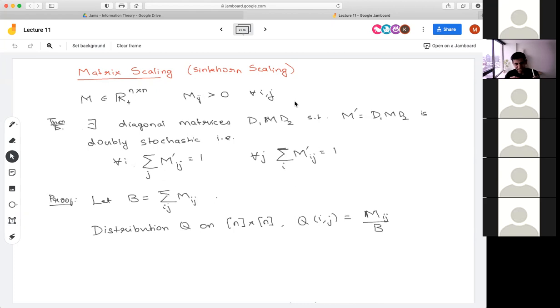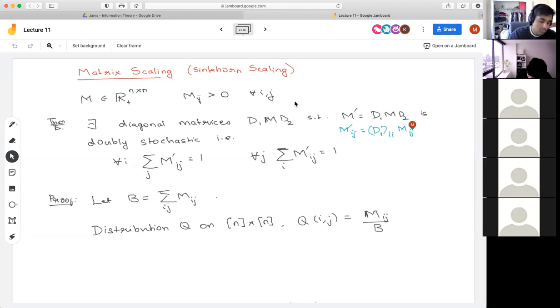And the interesting thing is you want to multiply each row by a number and each column by a number. So in particular, we will have the ijth entry be the ith diagonal entry of the first matrix times the original entry of the matrix times the jth diagonal entry of the second matrix.